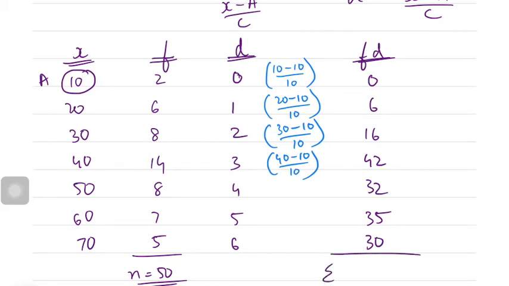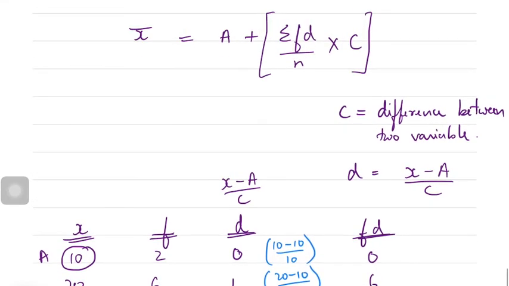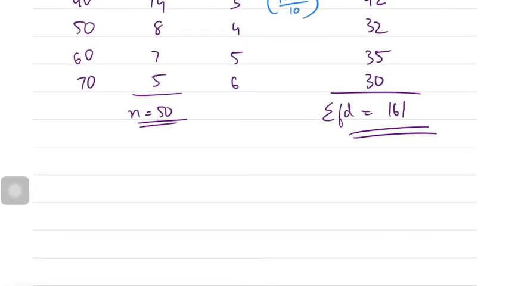The total of this, that is summation FD, is equal to 161. So you know N, you know summation FD, you know A, and you know C. So let's substitute.